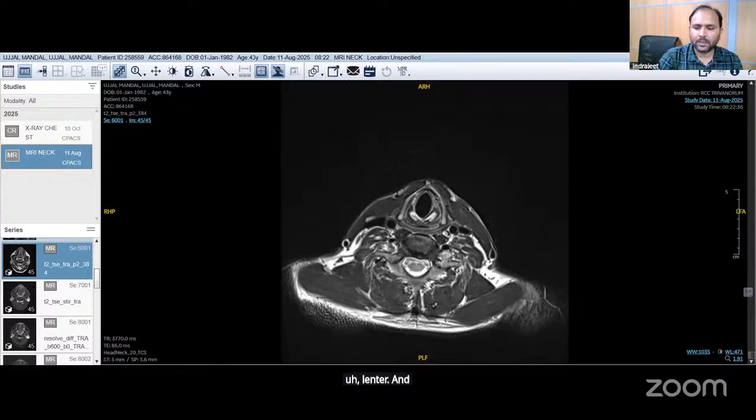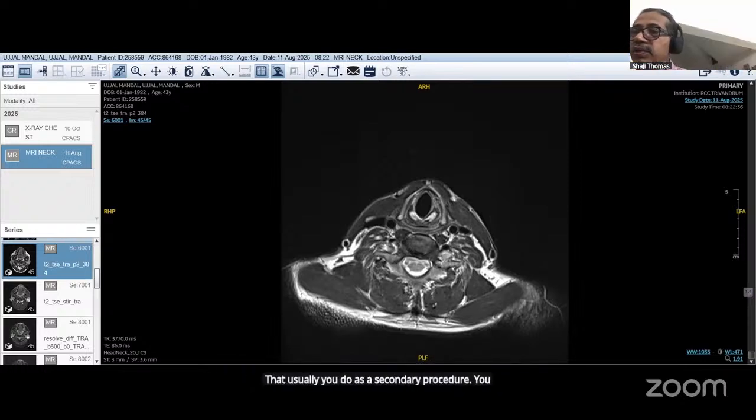And secondly, sir, the sural nerve can be used. Usually you do a cable nerve graft. Cable grafting. Or hypoglossal jump grafting, interposition grafting can be done. That usually you do as a secondary procedure, nerve crossover and all.